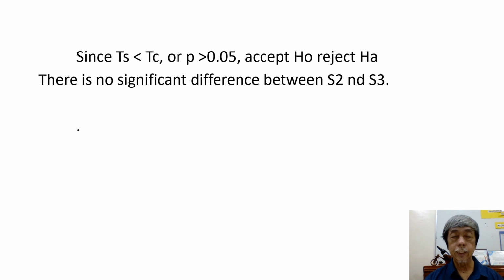Since the T statistic is less than the T critical and our P is greater than 0.05, we accept the null hypothesis and reject the alternative hypothesis. There is no significant difference between S2 and S3.